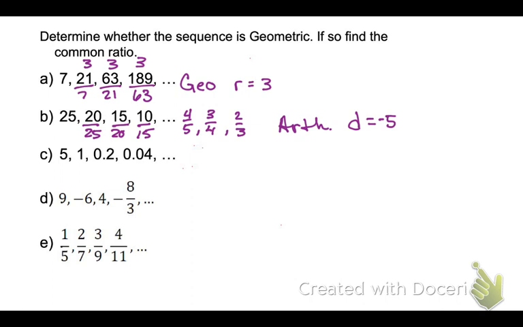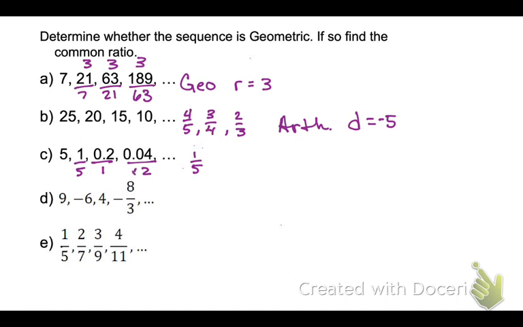Now I have 5, 1, 0.2, 0.04. We're looking for 1/5. So we divide 1 by 5, then 0.2 divided by 1. Well, 0.2 is 2 over 10, which is 1/5.